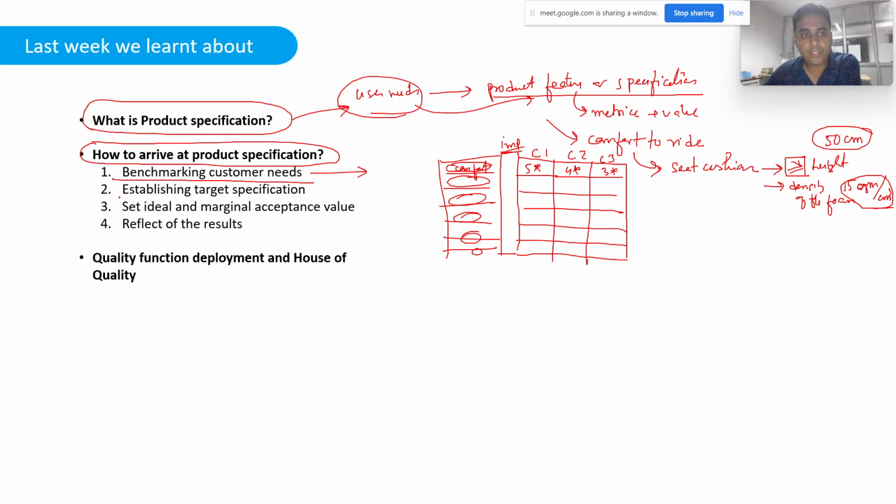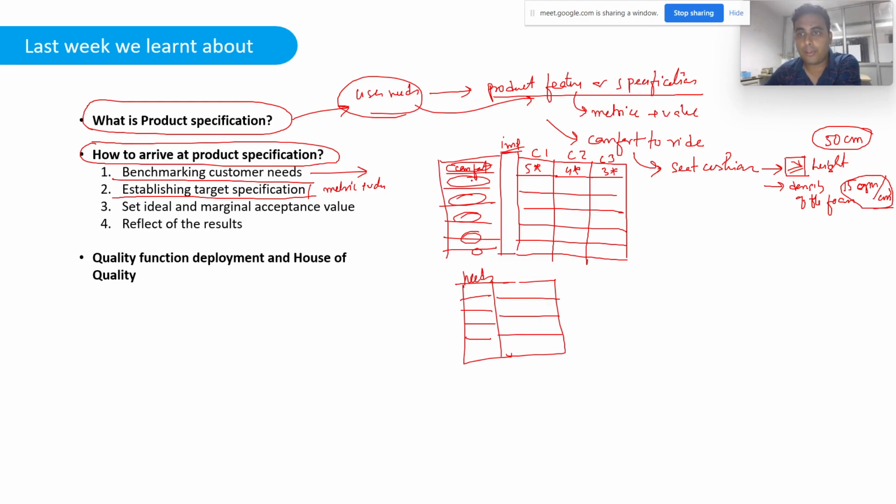After that, we come up with the specification, that means the required metric with the value. So against the needs, we come up with certain specifications.